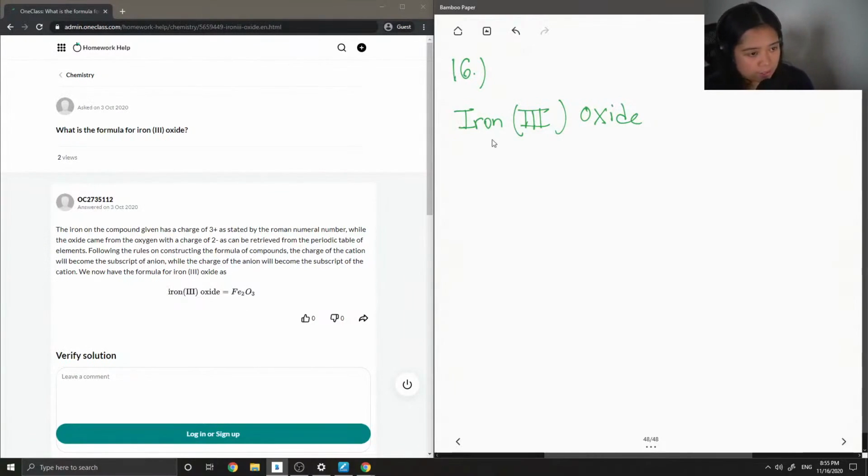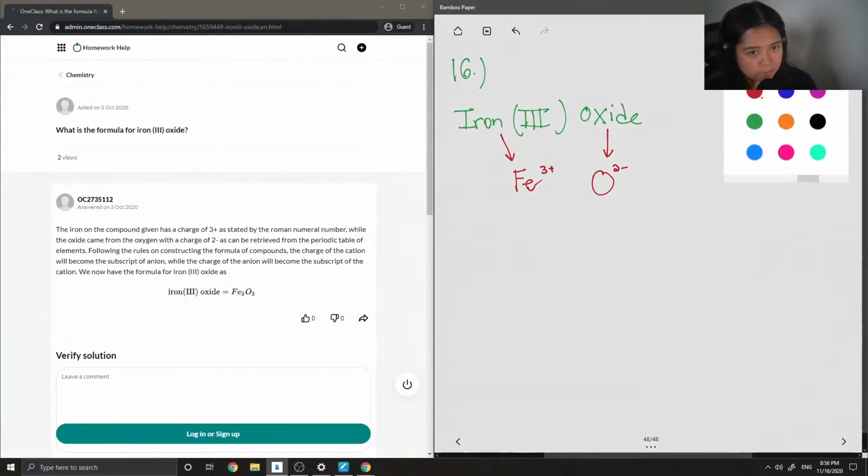So if I were to write these as their ions, it would be Fe3+, and oxide is just an oxygen anion, and it has a charge of 2-.